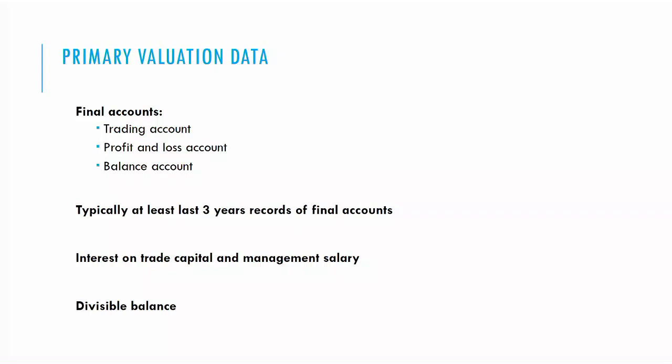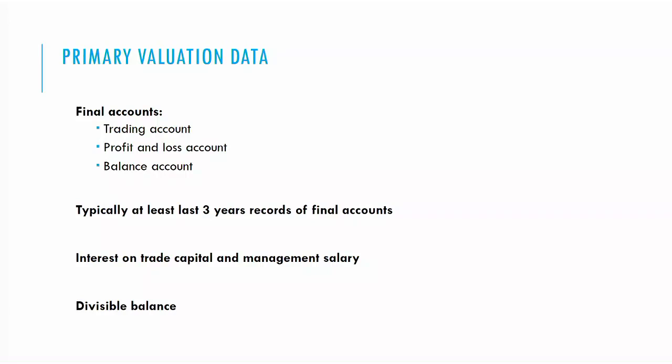Right. And then we calculate the divisible balance. First we calculate the divisible balance. Divisible balance is profit. But that profit, for example, the landlord's rental is 50% of the profit.